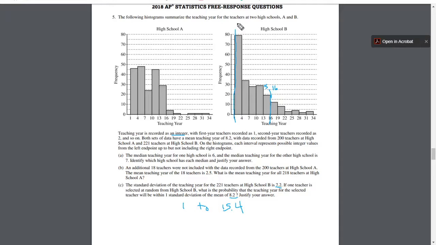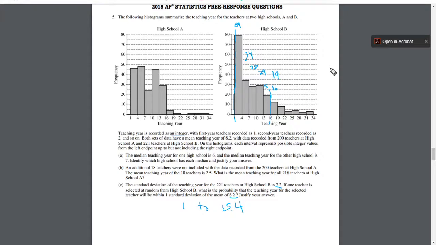We have 89 and 34 and 28 and 29 and 19. So if you add all those numbers up, you get 189.